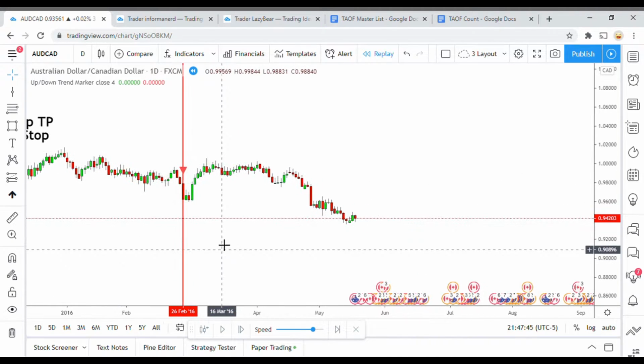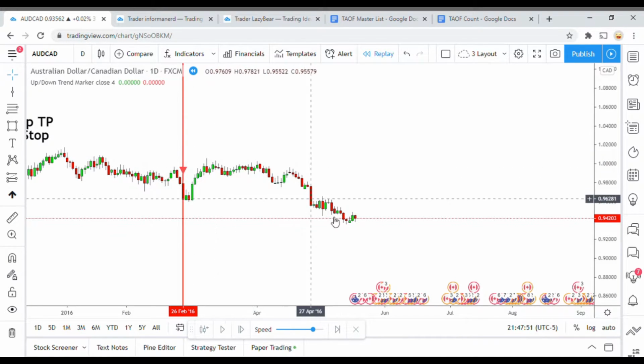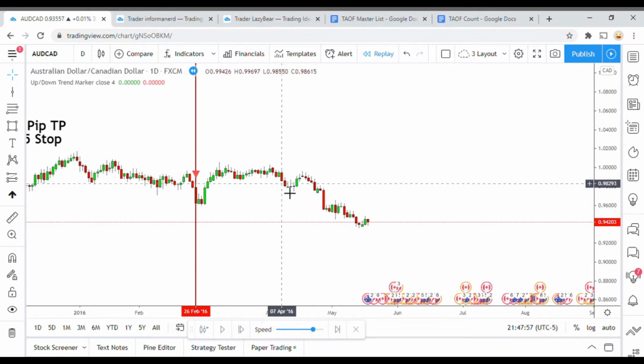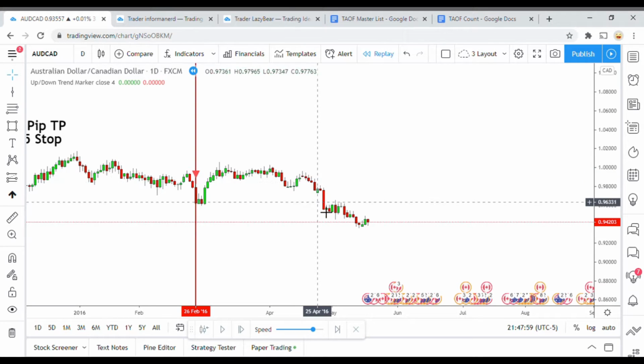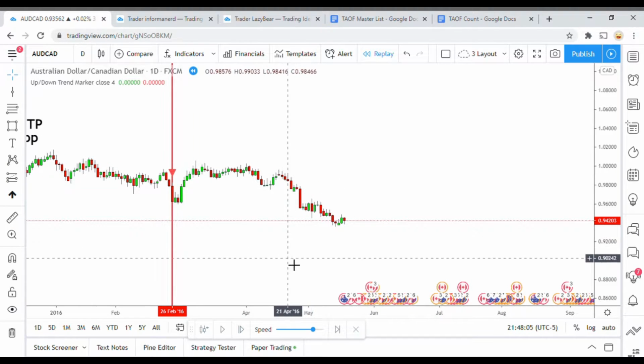It's what we did over here. This wasn't as clean because we had this slight push down, then jump back up, then another push down here. But if we just look at this one alone, we can see that it had one good push, two good push, kind of stalled out, and now a third one kind of pushing down here.